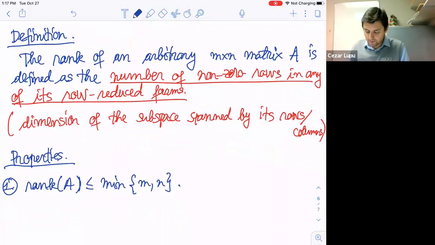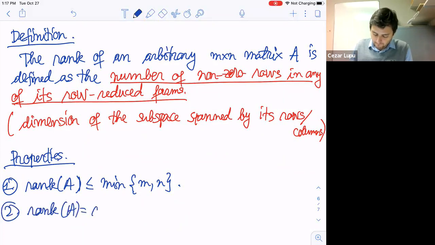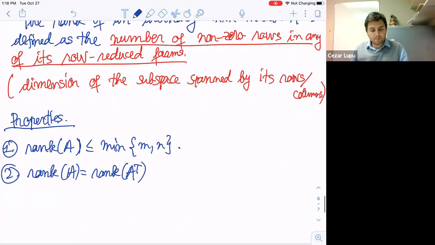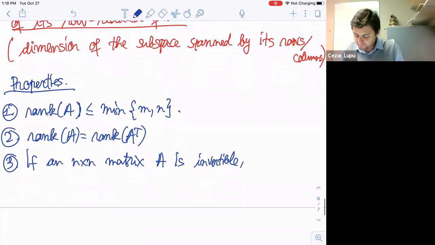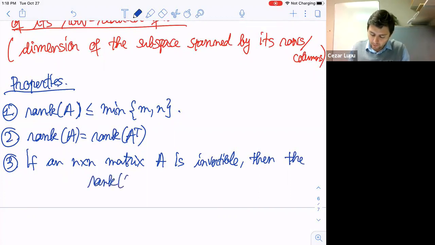And moreover, rank of A is the same as rank of A transpose. Right? Another important result, well, if an n by n matrix A is invertible, then the rank of A is n.